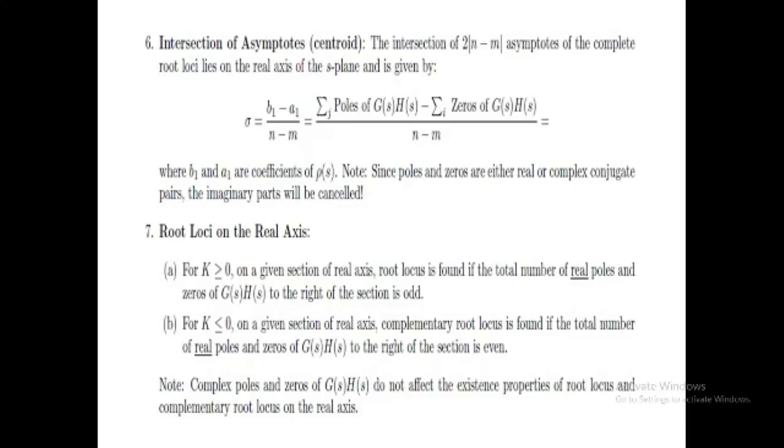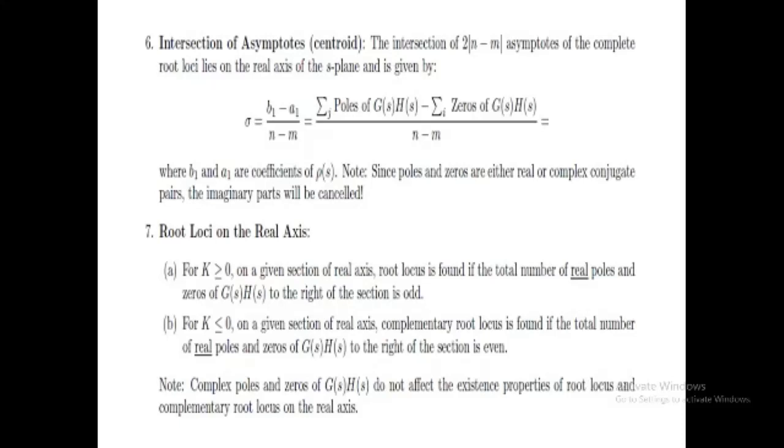The imaginary parts will cancel. The root loci on the real axis are given as follows. For k greater than or equal to 0, on a given section of the real axis, the root locus is found if the total number of real poles and zeros of G(s)H(s) to the right of the section is odd.